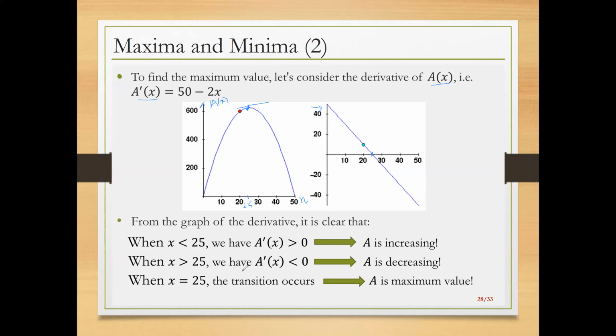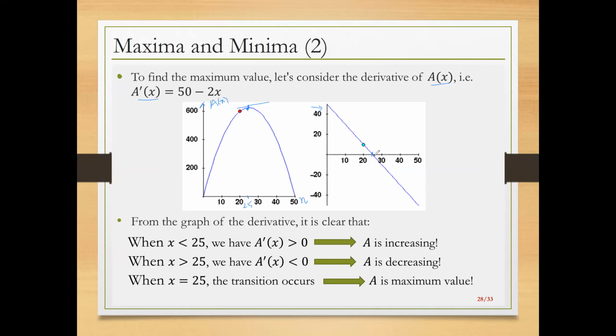Now what we have seen so far is that if the value of x is less than or equal to 25, the function is increasing. So all these points are increasing up to here. After 25, everything is decreasing. So at x equal to 25, the transition happens.